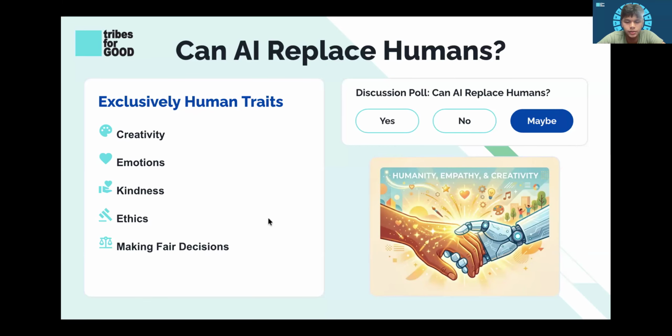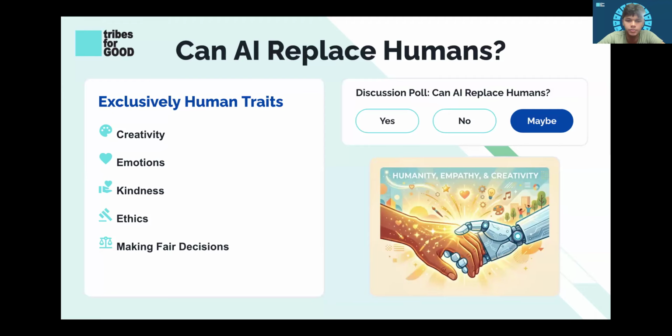So yeah, ma'am, next slide. Okay, so my question to you guys is, can AI replace humans? You have an option: yes, no, or maybe. And I also want you to consider that human traits are creativity, emotions, kindness, ethics, and making fair decisions.